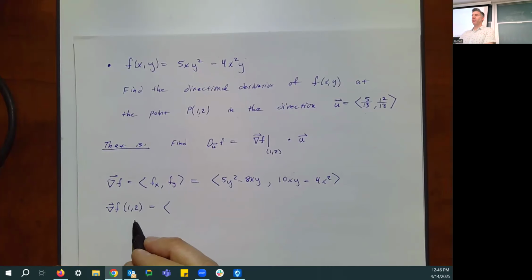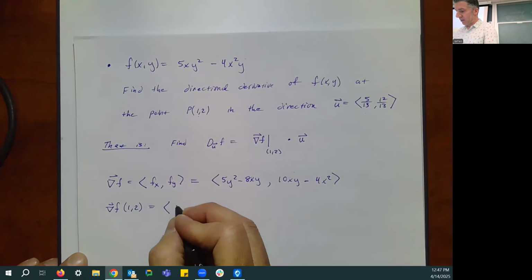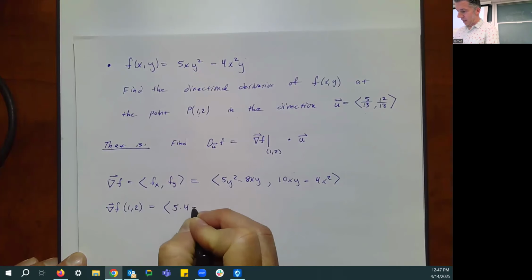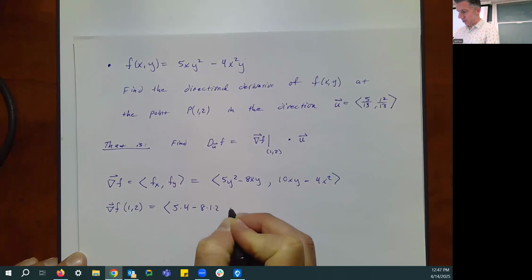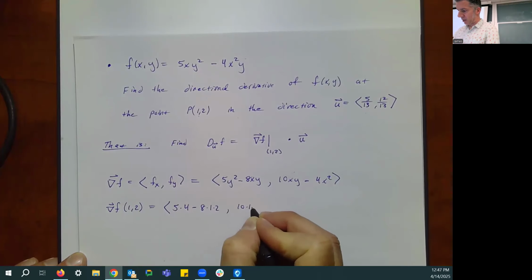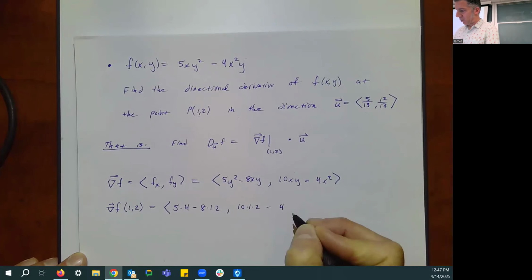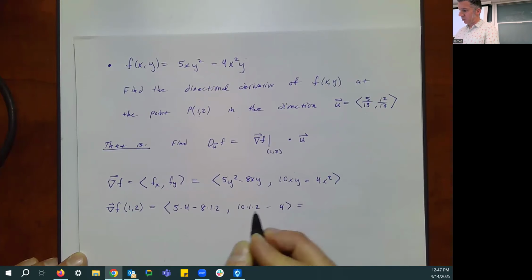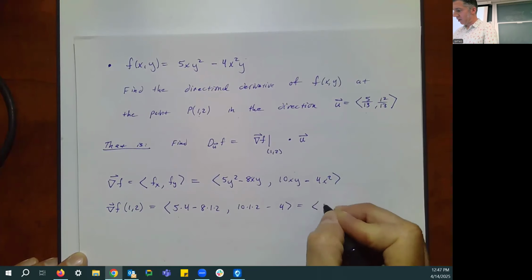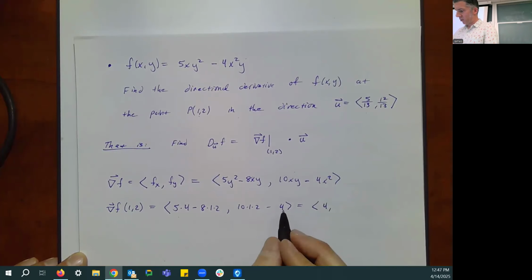It's easy to plug in the wrong thing for x and y, because you think, plug in the first thing first. But 5 times y squared, that's going to be 5 times 2 squared minus 8 times 1 times 2, comma 10 times 1 times 2 minus 4 times 1 squared. That's going to be 20 minus 16, so 4, and then 20 minus 4, which is 16.